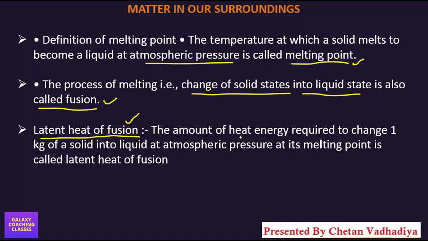The amount of heat energy required to change 1 kg of solid into liquid at atmospheric pressure at its melting point is called latent heat of fusion. So the amount of heat required by that ice is called latent heat of fusion.